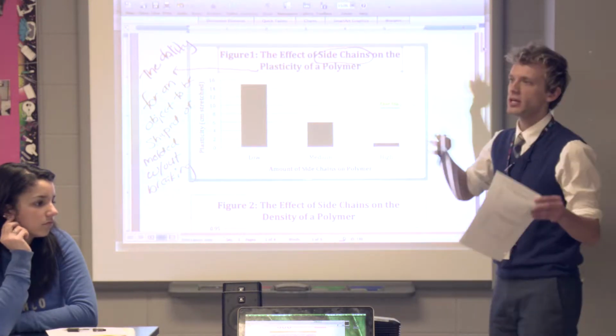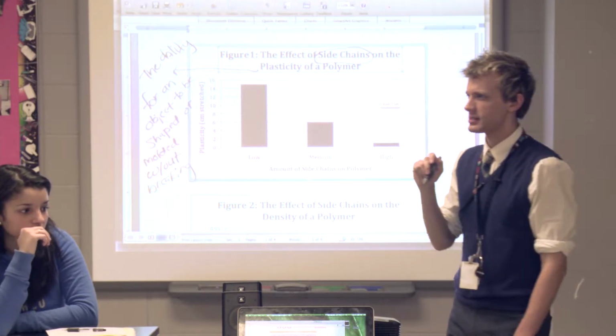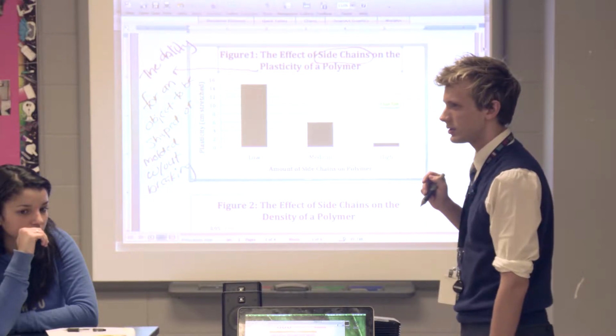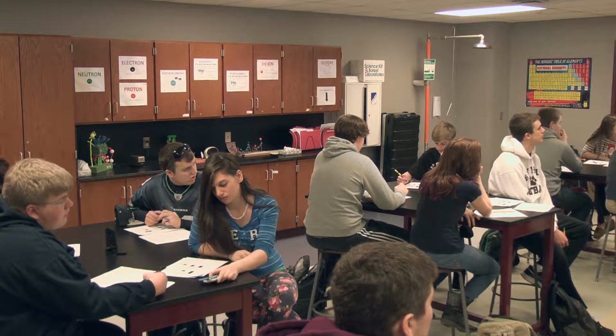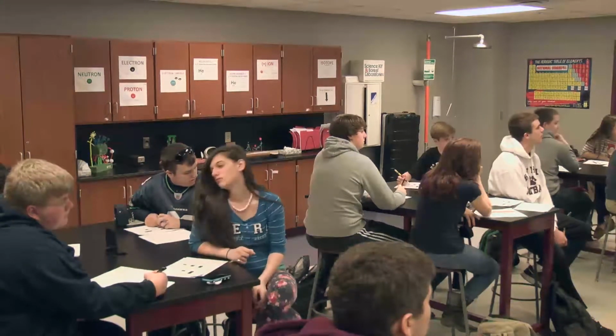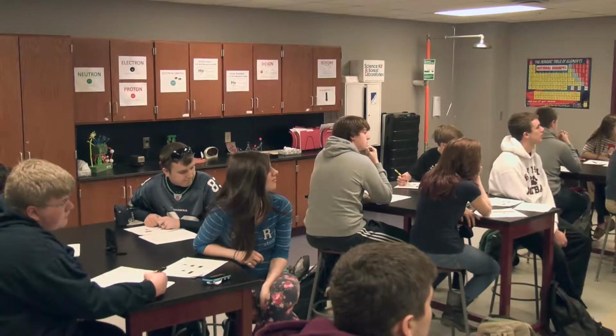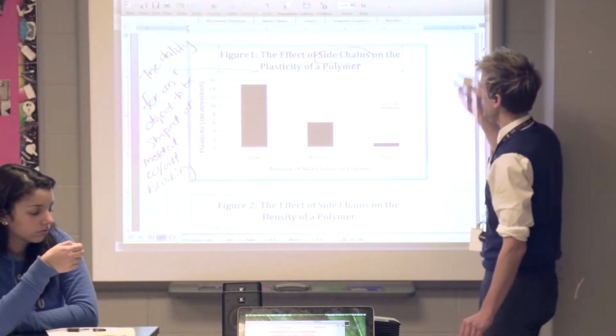So what kind of relationship, how do we, yes? As the amount of side chains increases, the plasticity decreases. Okay, yes, exactly. So what kind of relationship? Indirect. Indirect, okay? So let's write that on this side here.